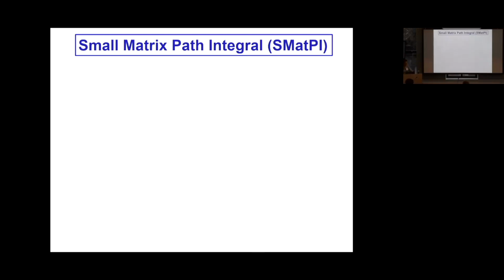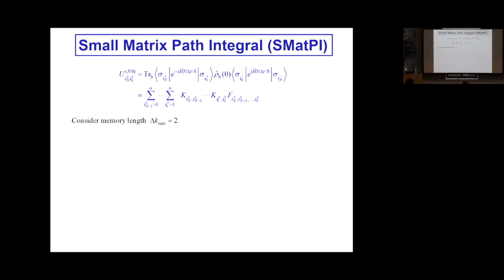And just very quickly to show how this works, here is, oh, I apologize, this came from another talk. The notation, this is supposed to be the rho tilde, the same thing, the U. All right, so here is what it is. It is the full path sum, in this form. K are the short time propagators and F is the influence functional.